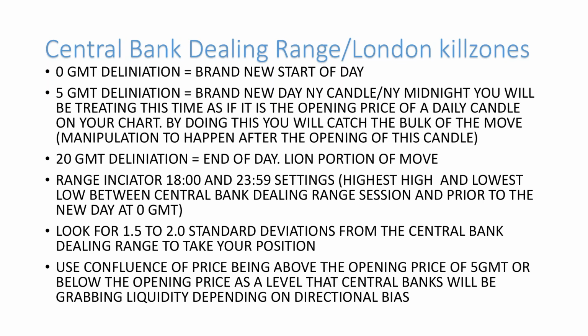I like to, at least, and I highly recommend it because it really brings a lot of insight into your trading strategy. Using the confluence of the opening price at 5 GMT, you're able to basically tell which way price is being manipulated, and once the London Open kill zone comes into play, you're able to take an entry almost always at that period.